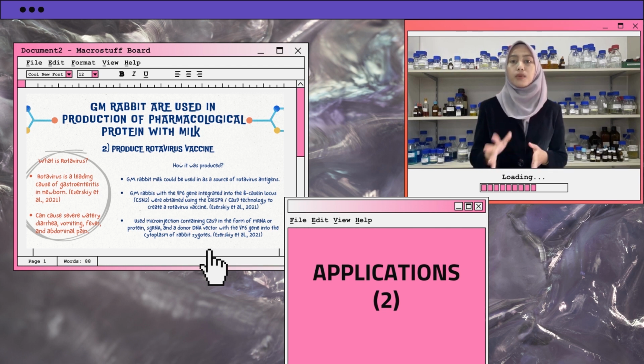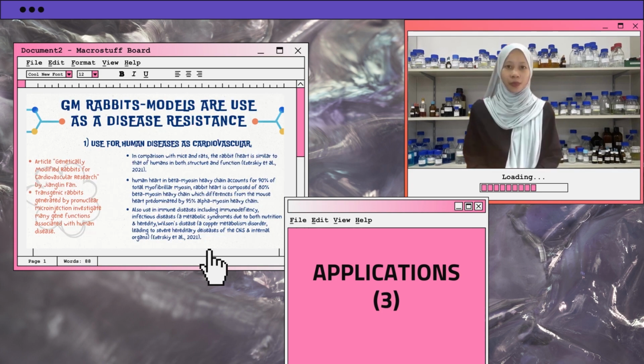For this purpose, micro-injections containing Cas9 in the form of mRNA and a donor DNA vector with the VP6 gene were used in the cytoplasm of rabbit zygotes. So, a transgenic rabbit with the correct integration of the VP6 gene can produce an experimental milk-based rotavirus vaccine.